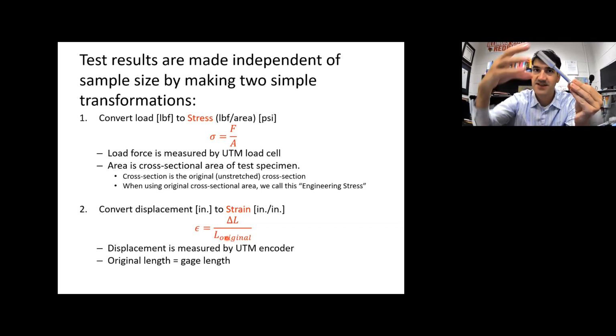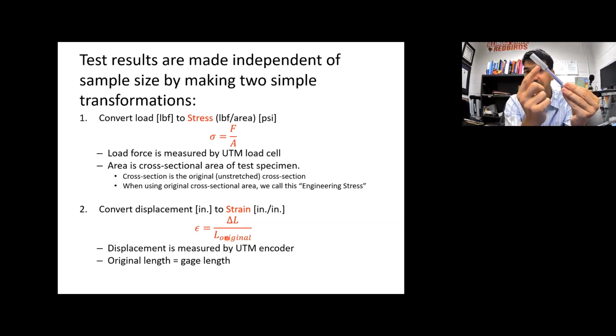Number one, because that's what's being gripped by the machine. But number two, because these are so much thicker in cross-section than this section of the part. So what we refer to as the original length here is actually going to be the length of this narrow section from here to here. And when we measure the change in length, we're going to measure the change in length also of this gauge length section, the test section right here.